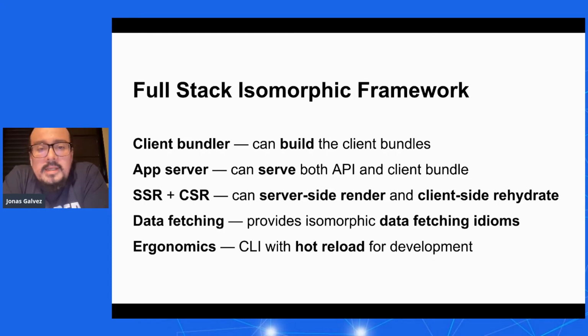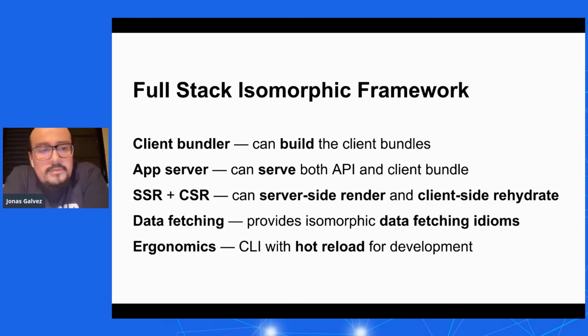Nevertheless, it has become the norm to have a build step for your client code because there are multiple things that need to be addressed, like optimization for CSS and stuff like that. You have an app server, which can serve both the API and the client bundle. And that's an HTTP server, pretty much.